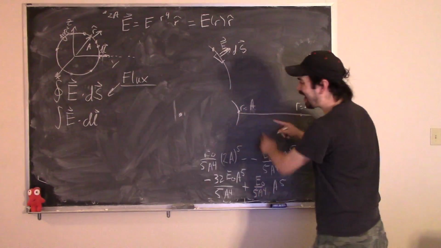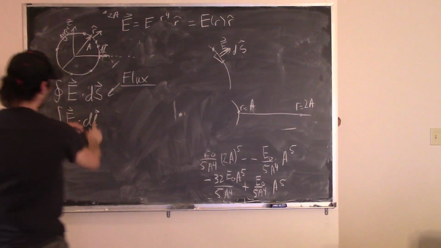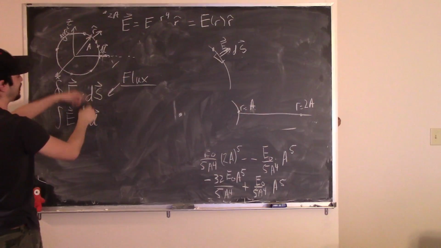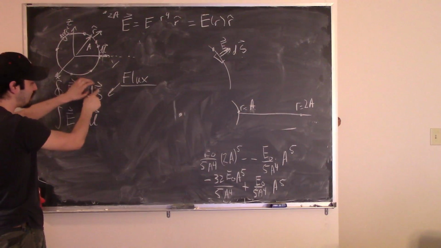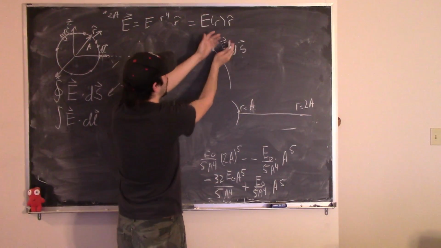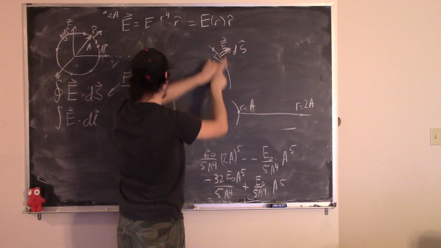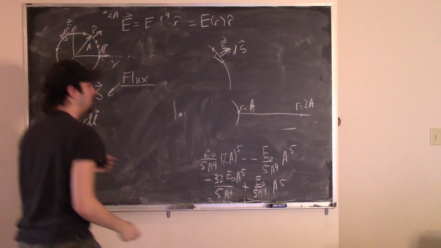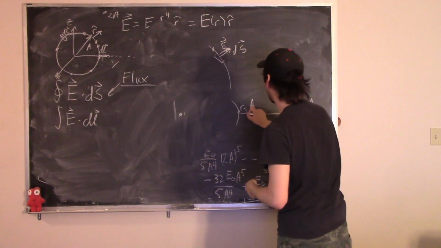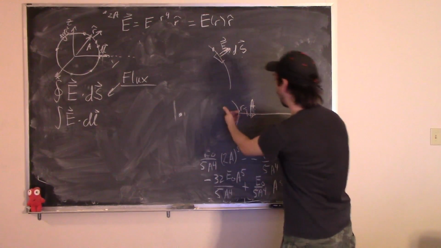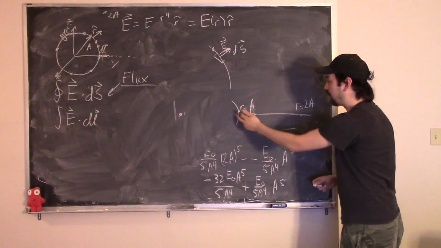I have some path that I'm following. So it really comes down to the difference between what ds means and what dl means. ds is some surface element that has some vector that points away from the surface. dl is some infinitesimal line element that points in the direction of the path that I'm moving in.